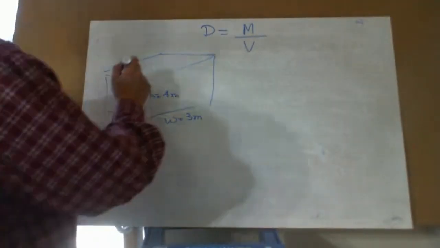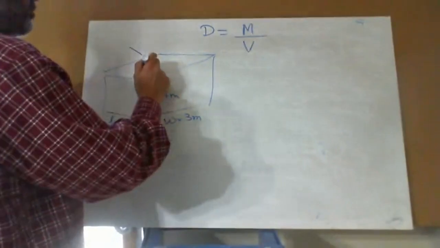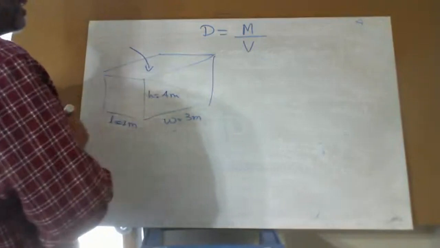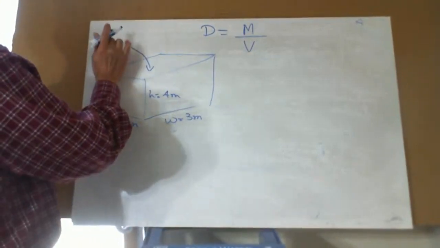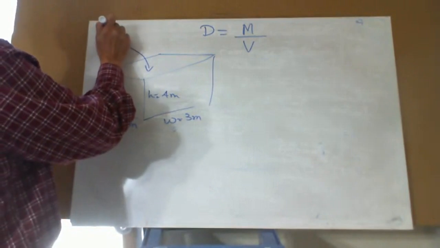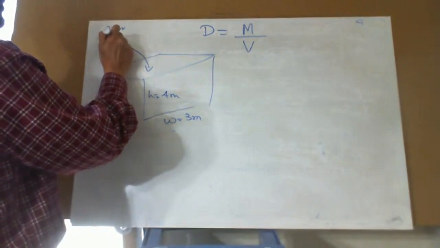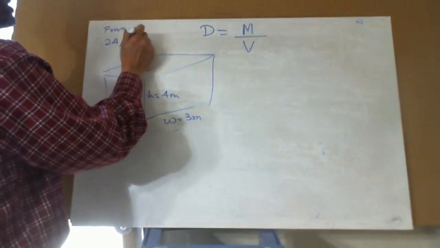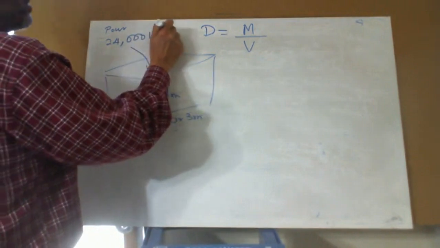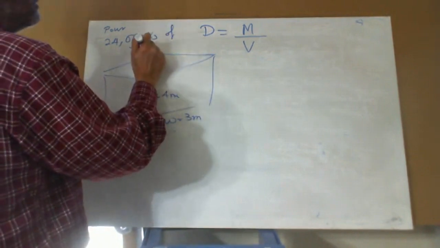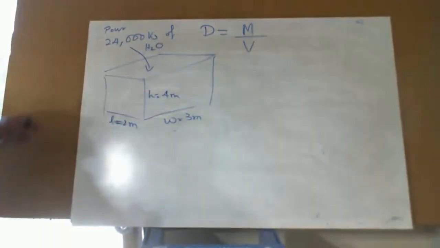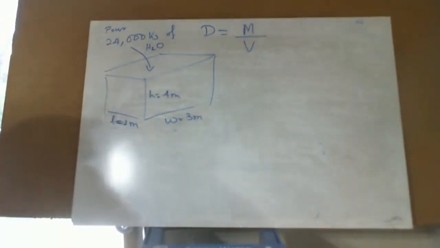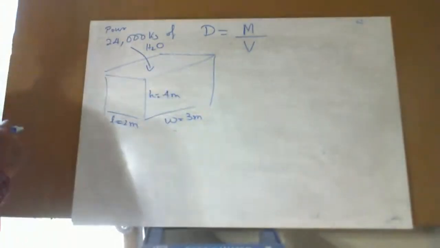And if I pour in 24,000 kilograms of water, H2O, okay? So pour 24,000 kilograms, and when you do that, you will find it will fill to the brim, right?